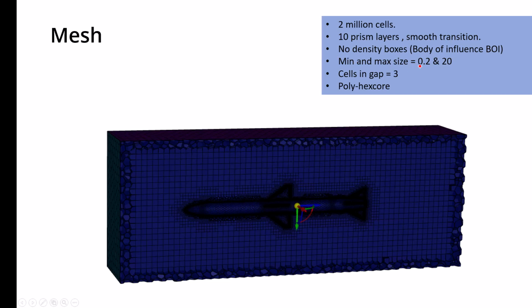The minimum and maximum size I kept as 0.2 and 20, and the thin gap setting means that especially for small features like the trailing edge and leading edge of these fins and wings, 3 elements should be there, provided that the minimum size is sufficient to allow the 3 elements.